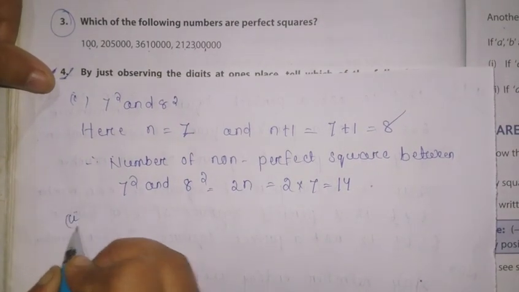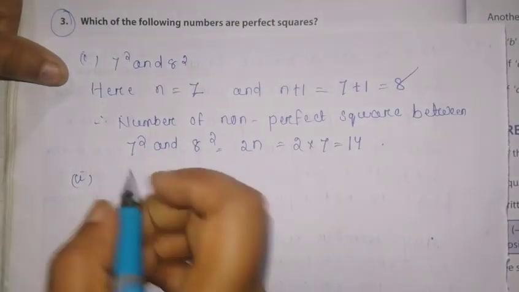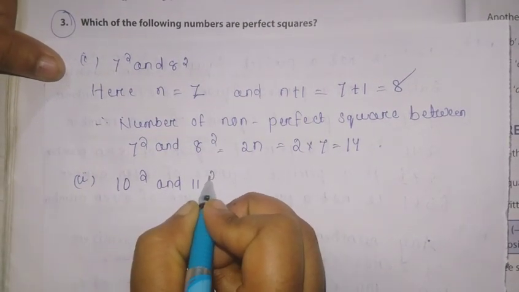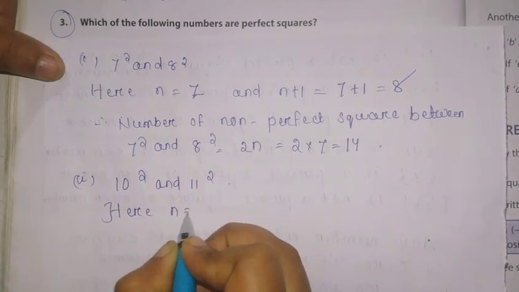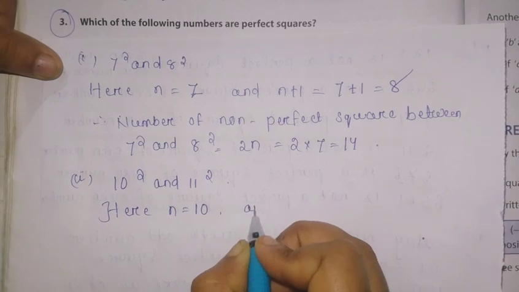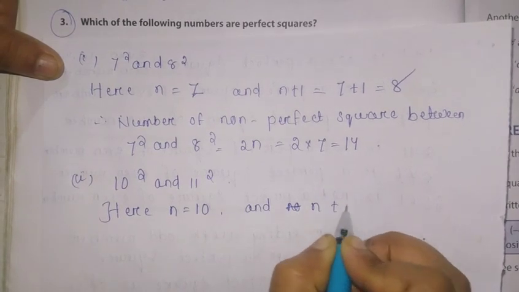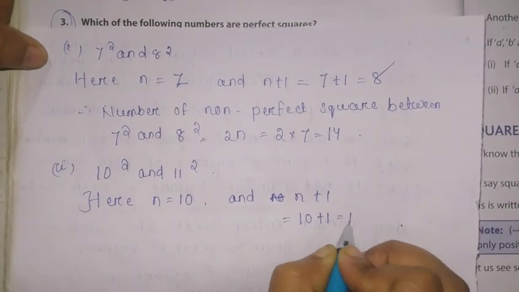Then we solve second: 10 square and 11 square. Here n equals 10 and n plus 1 equals 10 plus 1 equals 11.